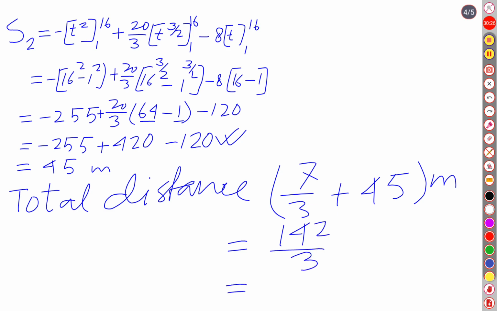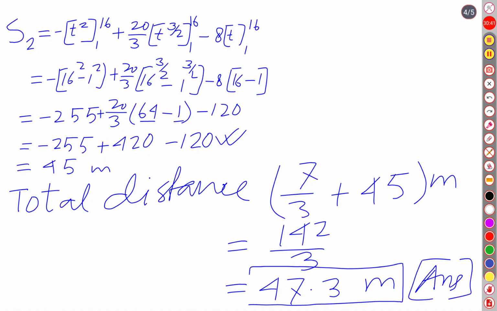If we round it to three significant figures or one decimal point, it is going to be 47.3 meters. So this is the answer we are asking for. Ultimately, our final distance traveled is 47.3 meters.